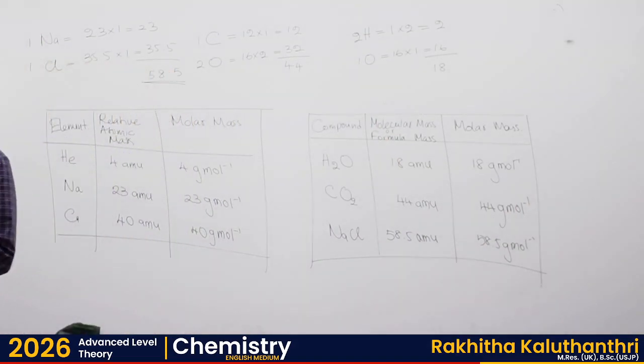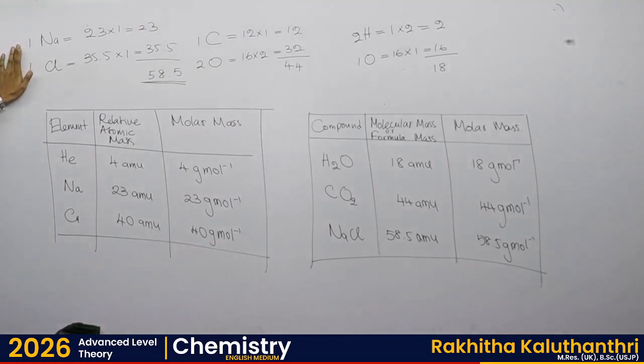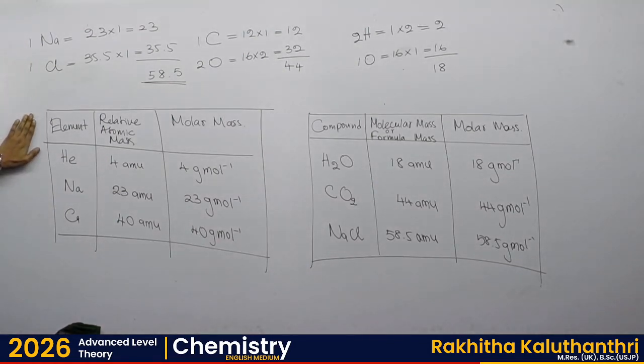Is that understood now? These workings are not essential. You don't have to write them down if you don't want to. But this part is the example.